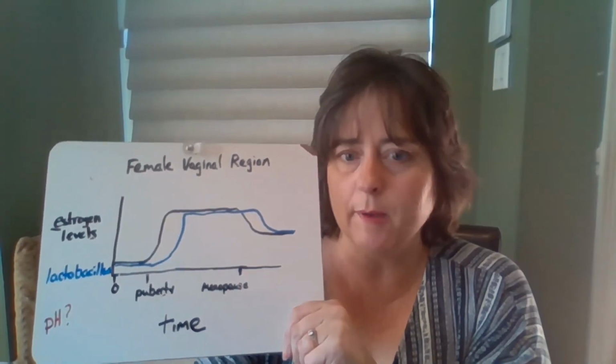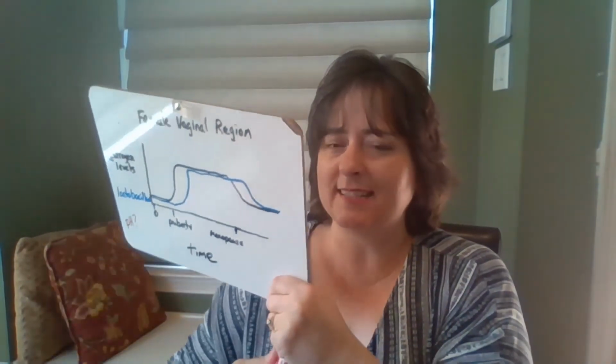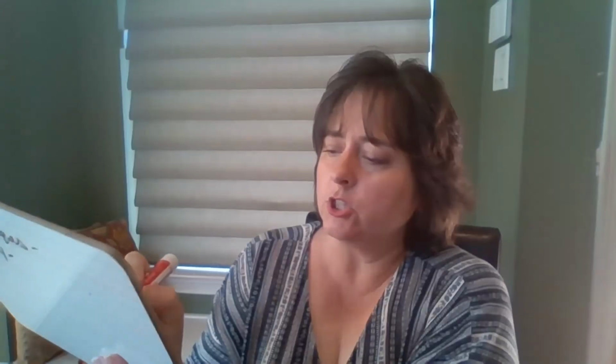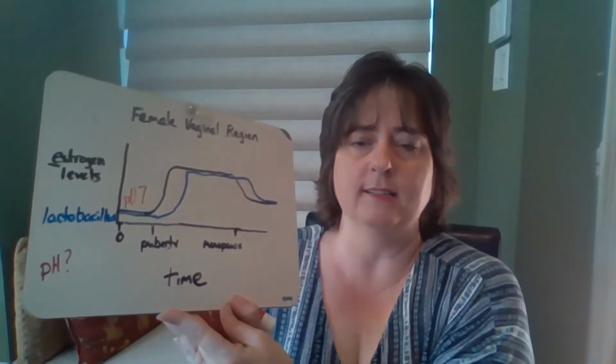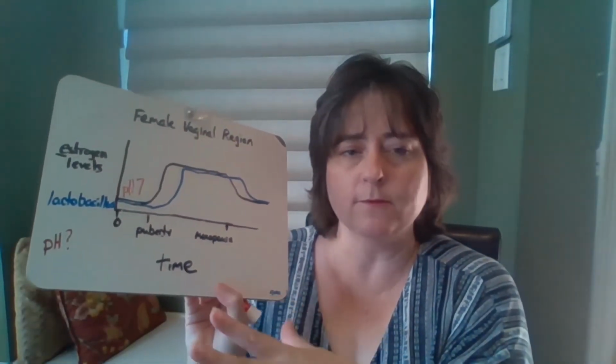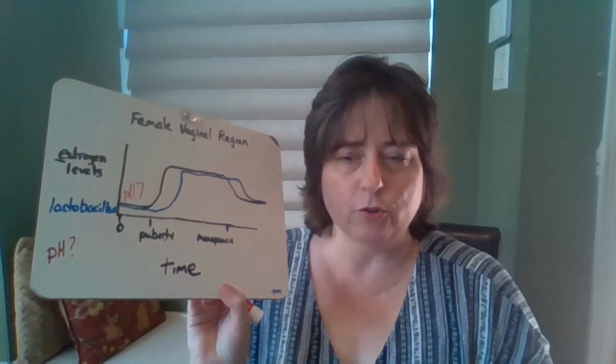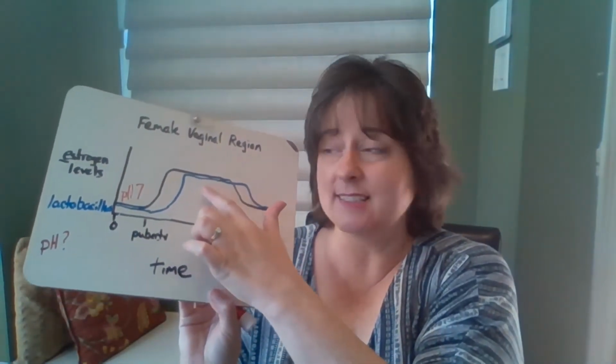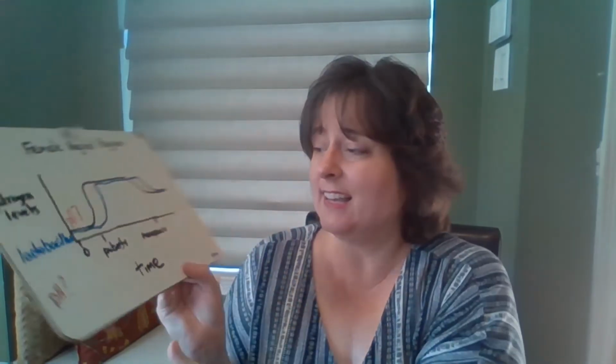Okay, so let's talk about pH. Lactobacillus produces acidic end products. Now, in childhood, pH is neutral. There's not enough lactobacillus and not enough acidic end products to make a big difference, and the pH is usually around neutral in the female vaginal region. But as we get more lactobacillus, as it's making more acidic end products, what do you think the pH does?